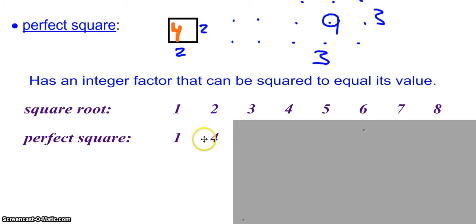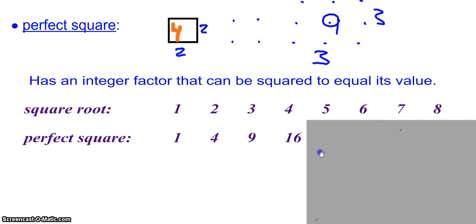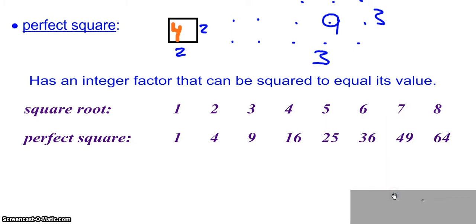Good, that's a perfect square number. 3 squared is 9. 4 squared is 16. 5 squared is 25, and so on, all the way to 64. So these are the first 8 perfect square numbers.